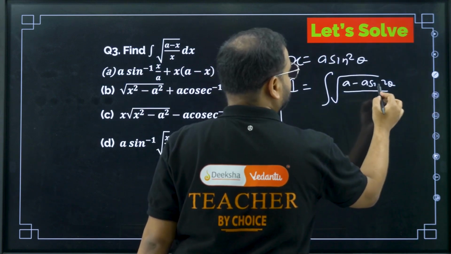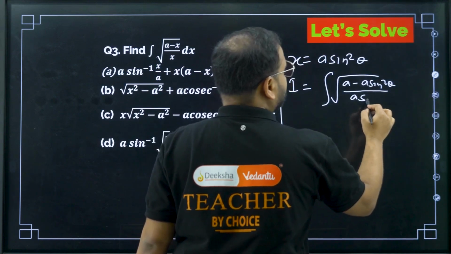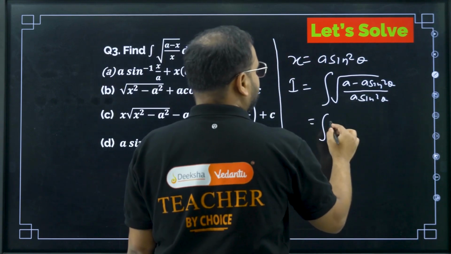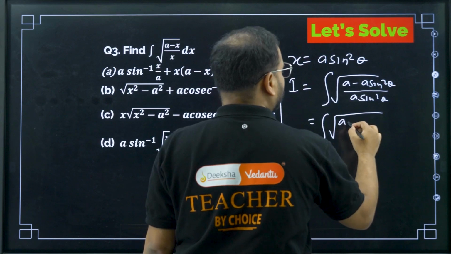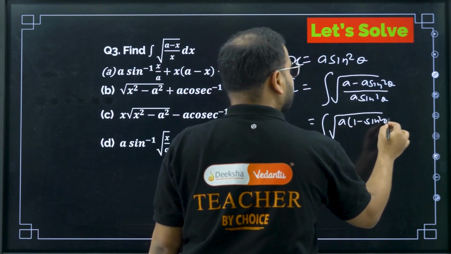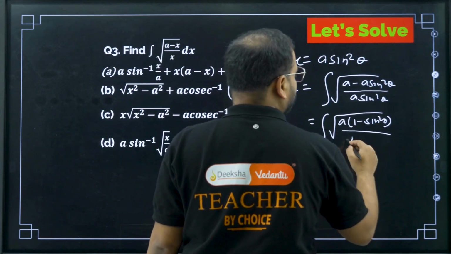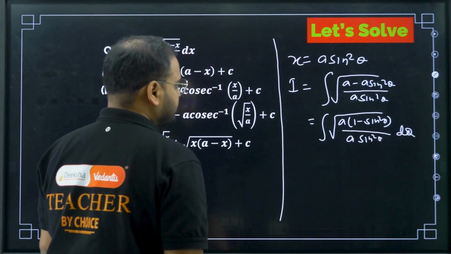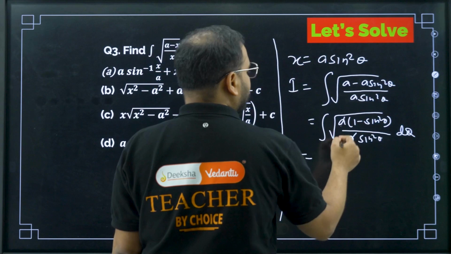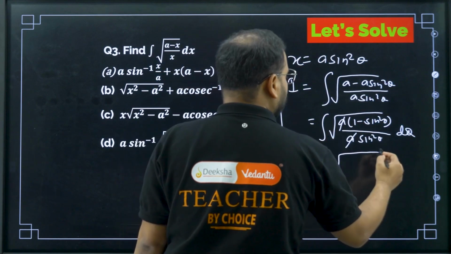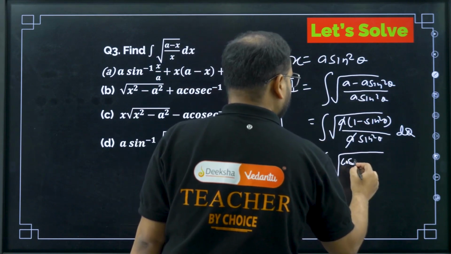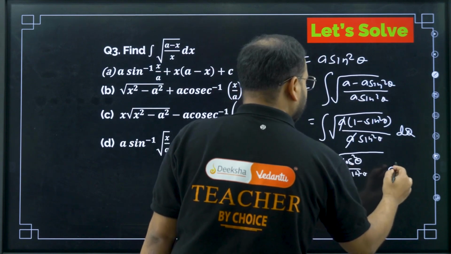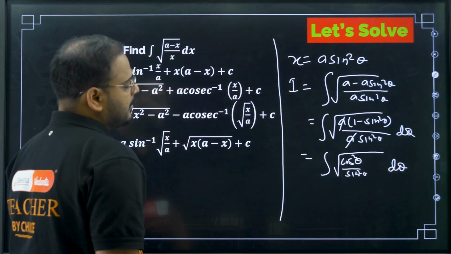I can take a common in the numerator, and I get 1 minus sine square theta divided by sine square theta, d theta. I can cancel a and a, and I get cos square theta by sin square theta, d theta.